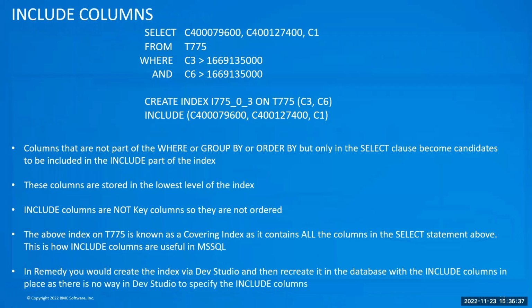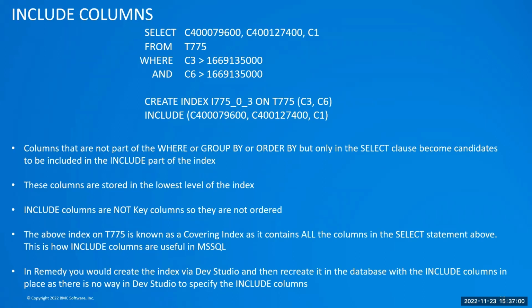Okay, so what is that include I was talking about? Oracle doesn't have this feature. Postgres does. SQL Server has it, and it's a pretty awesome way of tuning your queries, especially, as I mentioned 2 slides before, eliminating key lookups.